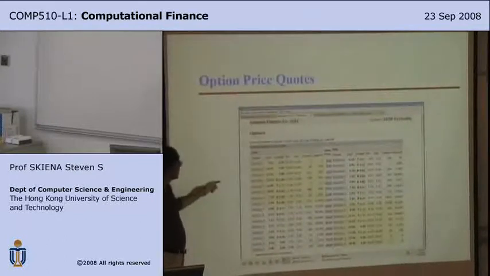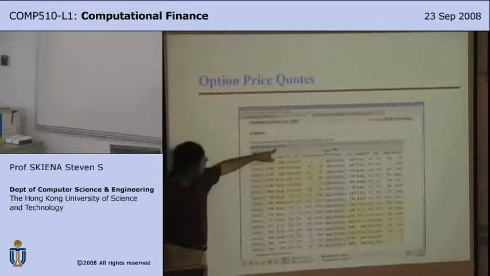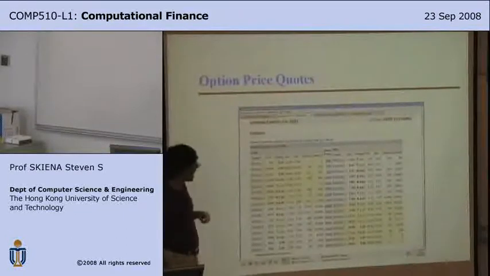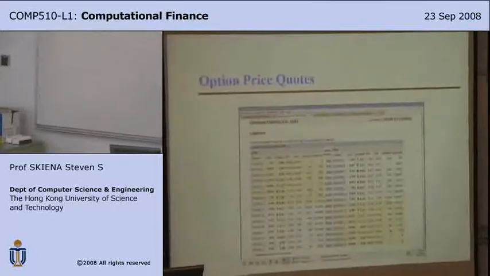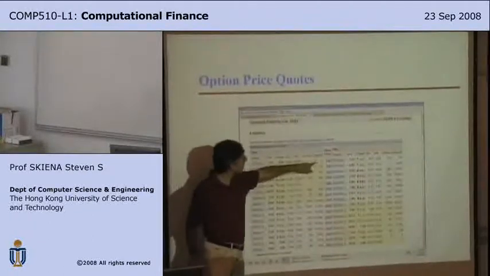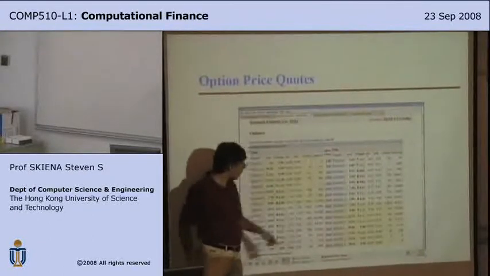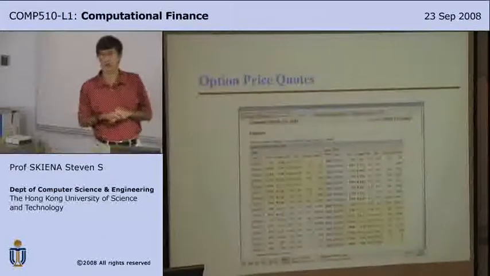What is it? It's a call expiring January 15th, 2010, at a strike price of $5. The center column discusses the strike price, and the strike prices go from $2.50 all the way up to $60 on these particular contracts.